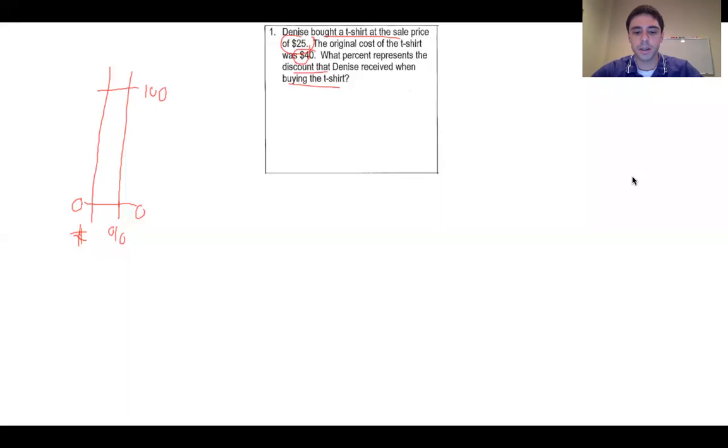Right, because the original cost of the t-shirt was $40, our value at 100% is going to be $40. So that means our sale price was $25, and we are looking for X. We want to know what this value here is going to be.